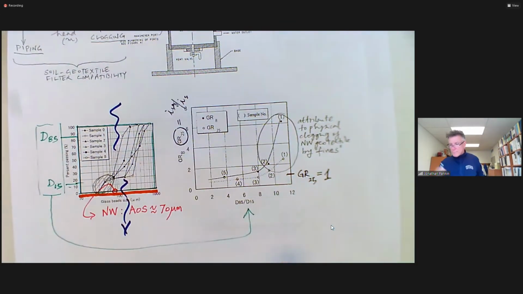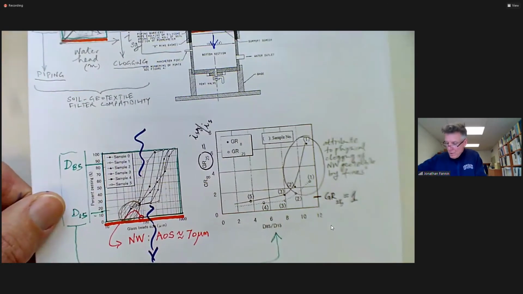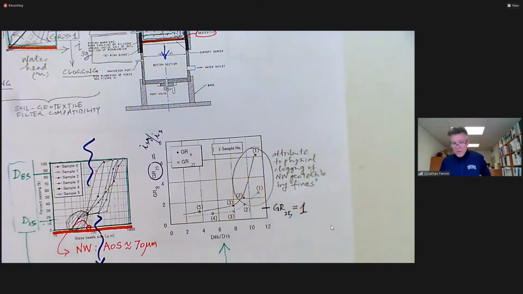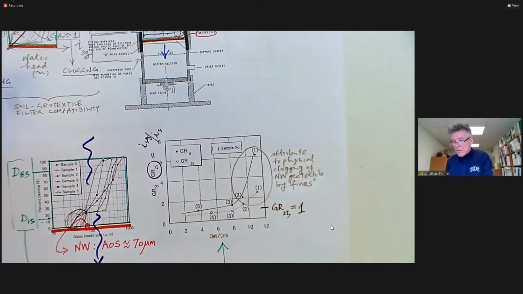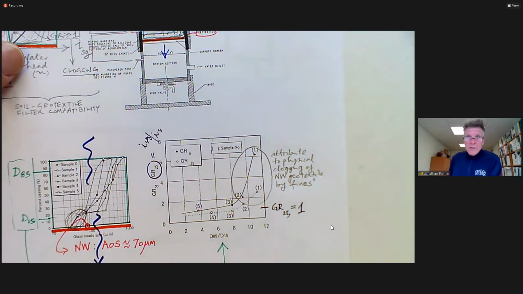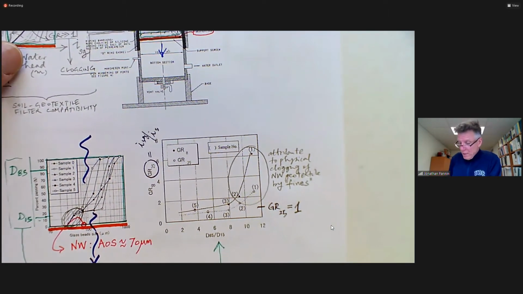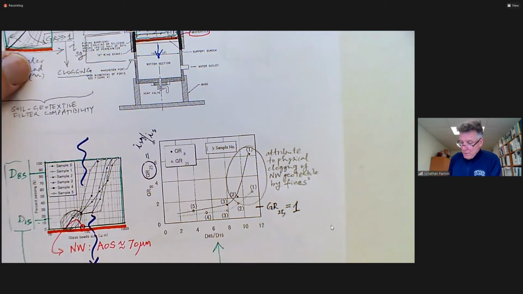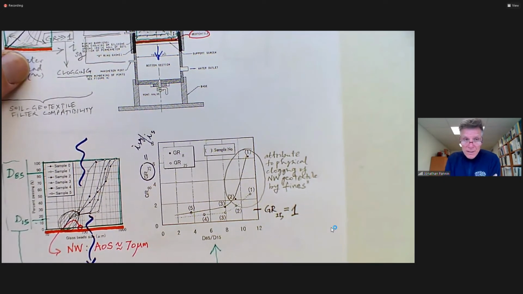Okay. Now I wanted to spend a little bit of time going over this, because in the world of filter design and in bigger projects, and in a case study that we'll look at, the rehabilitation of a dam spillway, the owner required that geotextile soil compatibility testing be done.